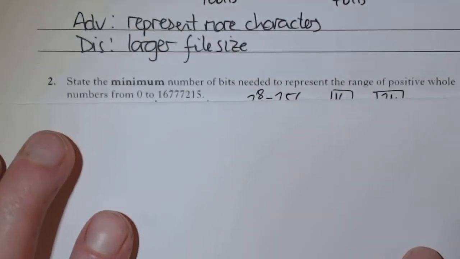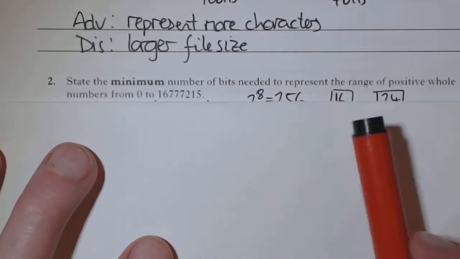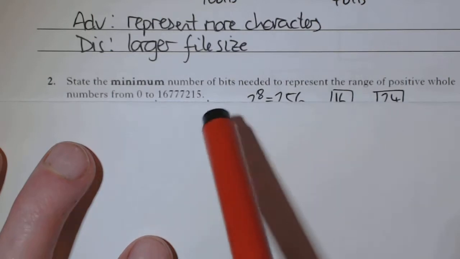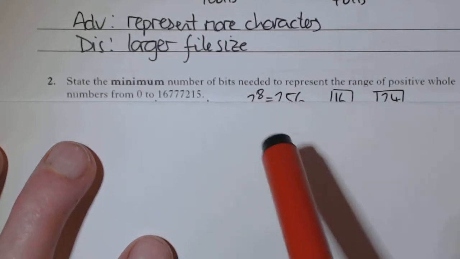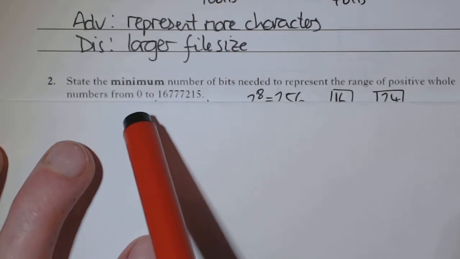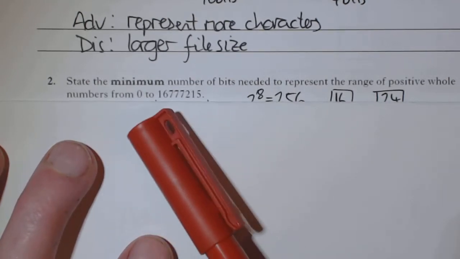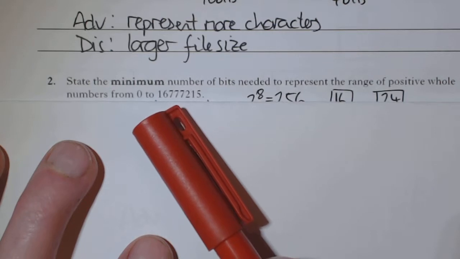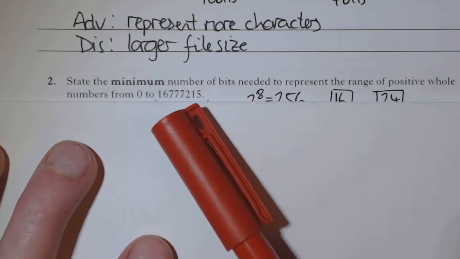If we then have a look at question 2. Now, they're asking you how many bits you need in order to actually represent numbers from 0 to 16,777,215.